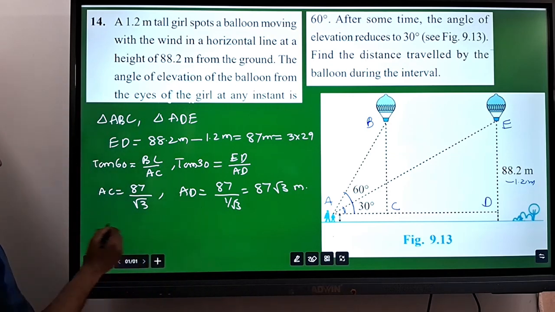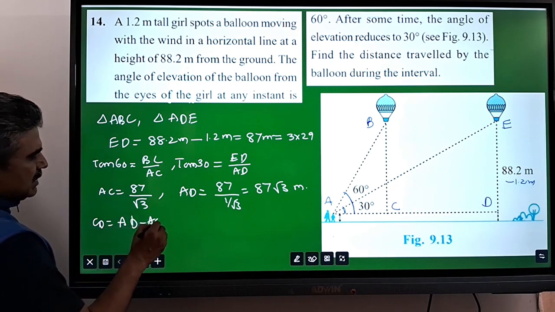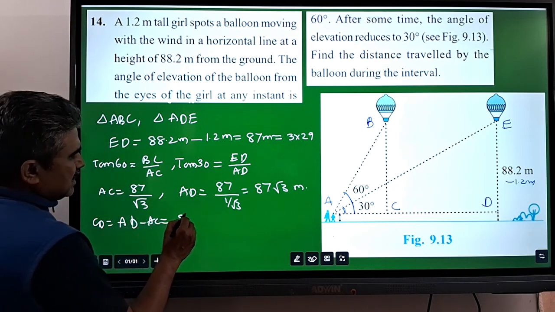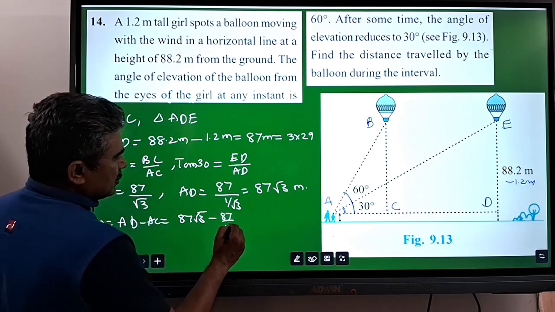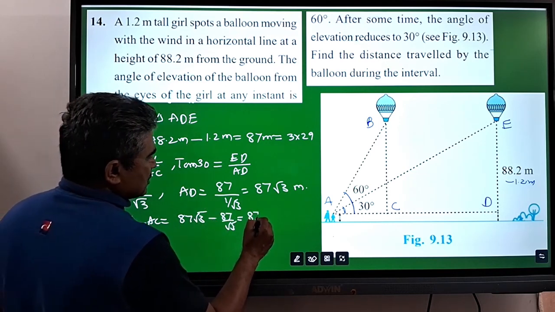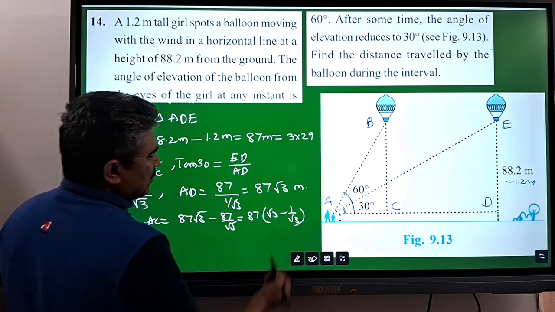Now we need to find out CD, where CD is equal to AD minus AC, whereas AD is 87 root 3, AC is 87 by root 3. Take 87 as common here, so you will have root 3 minus 1 by root 3 meters.